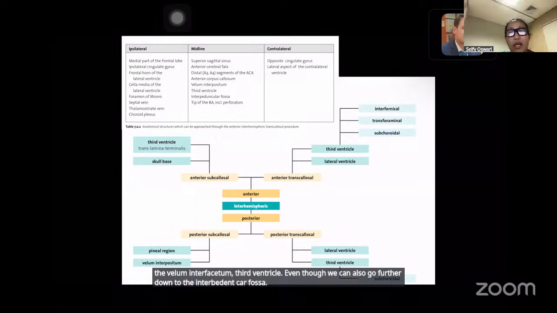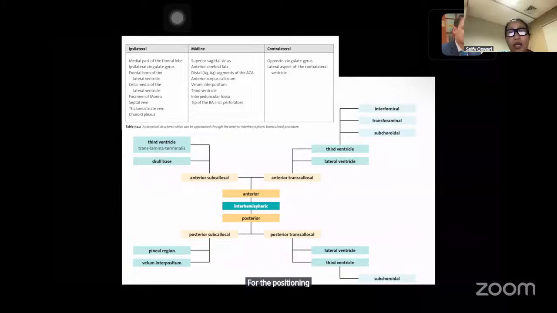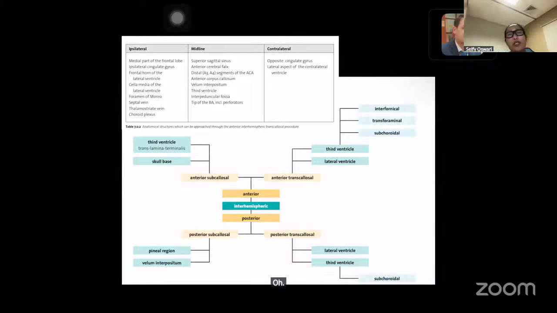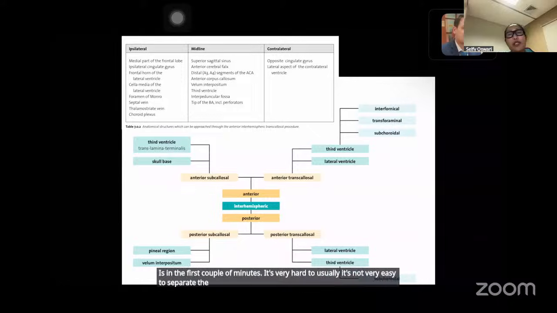For the positioning and trajectory in the approach, it is not very easy to separate the interhemispheric fissure.